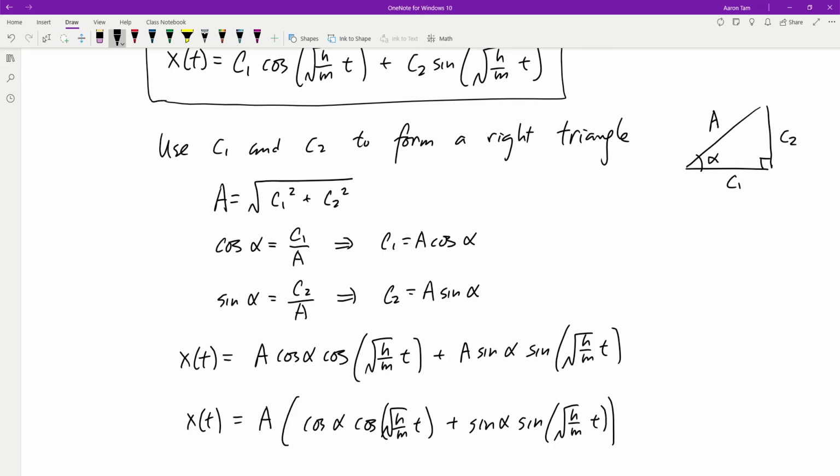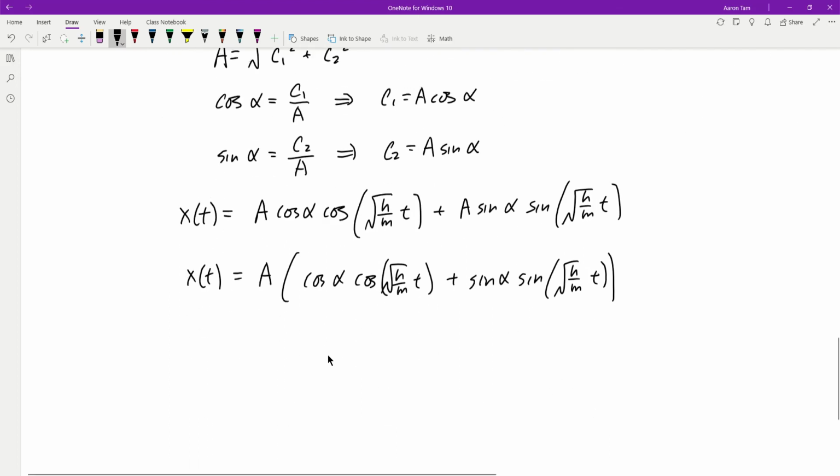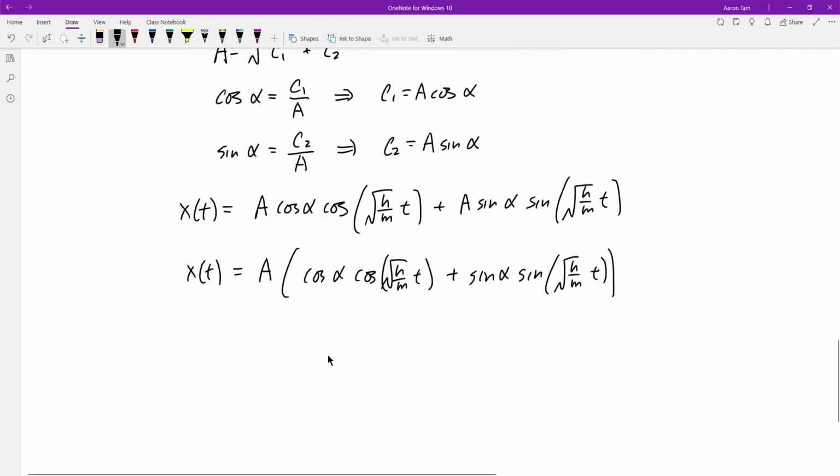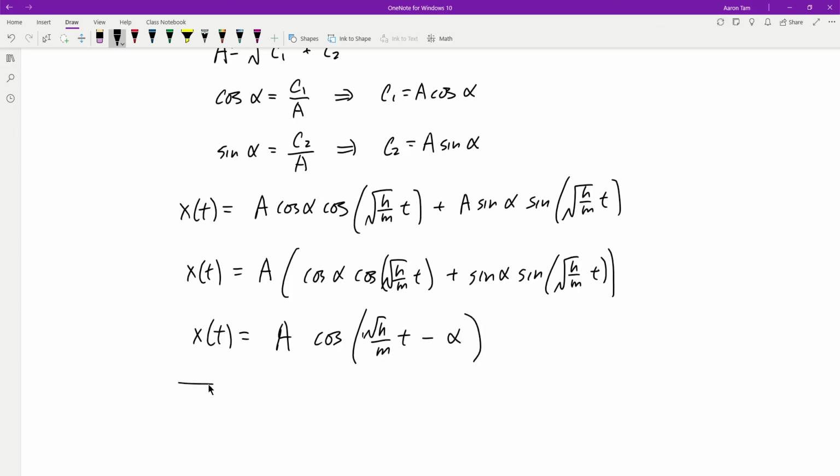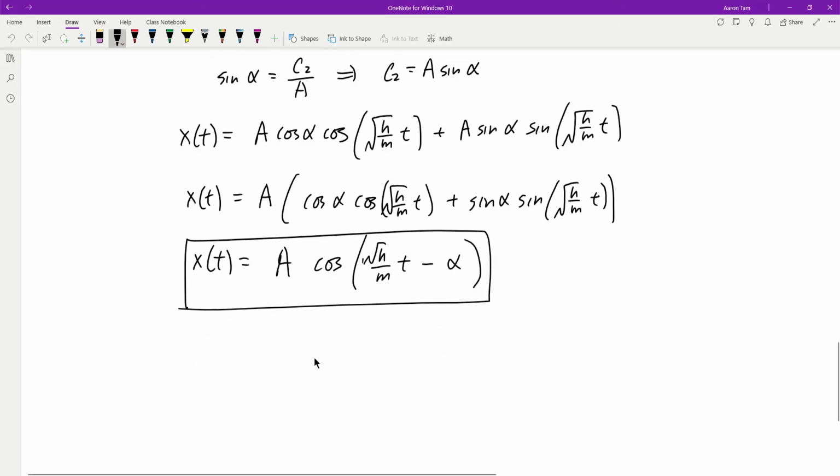So that is actually the cosine identity for the difference of two angles. Therefore I can now combine them into this one single trigonometric function, cosine. And hopefully you might recognize this formula from physics.